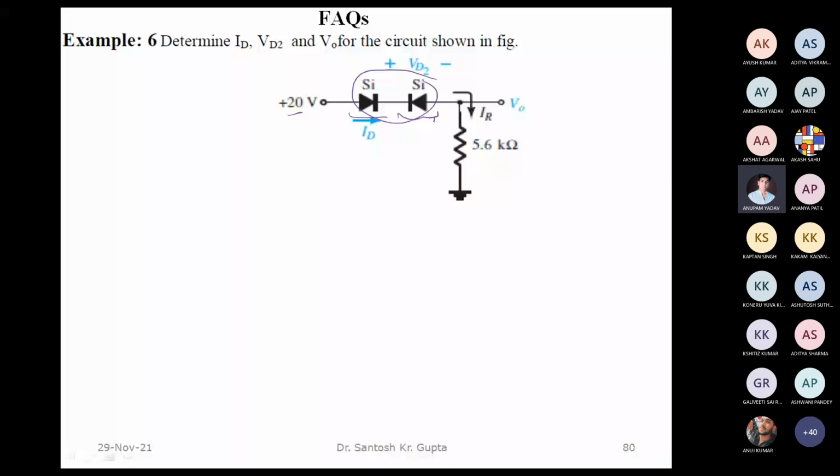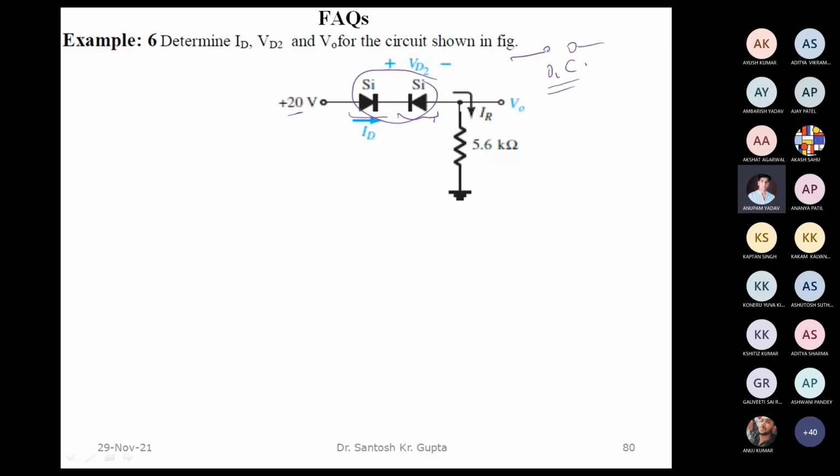Overall, if any of the diodes are off in a given loop, it will act as an open circuit and there will be no current flowing through it.